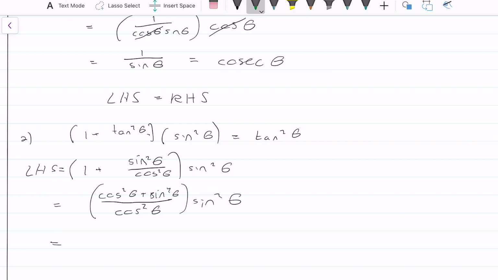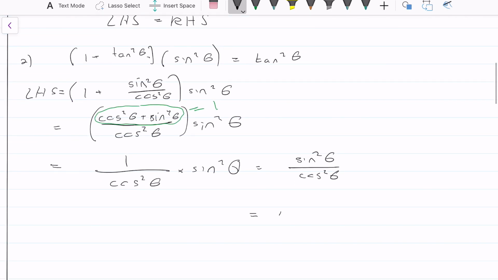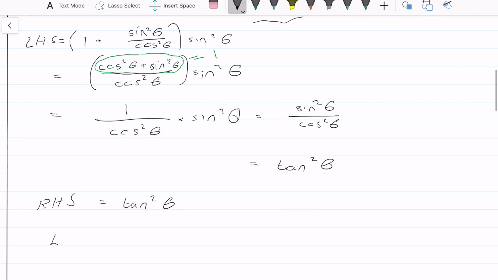Okay, and again we know that cos squared theta plus sine squared theta equals 1, so we have 1 over cos squared theta times sine squared theta, which is equal to sine squared theta over cos squared theta, which is obviously equal to tan squared theta. Okay, and we can say that our right hand side is equal to tan squared theta. So from that we can say that the left hand side is equal to the right hand side.